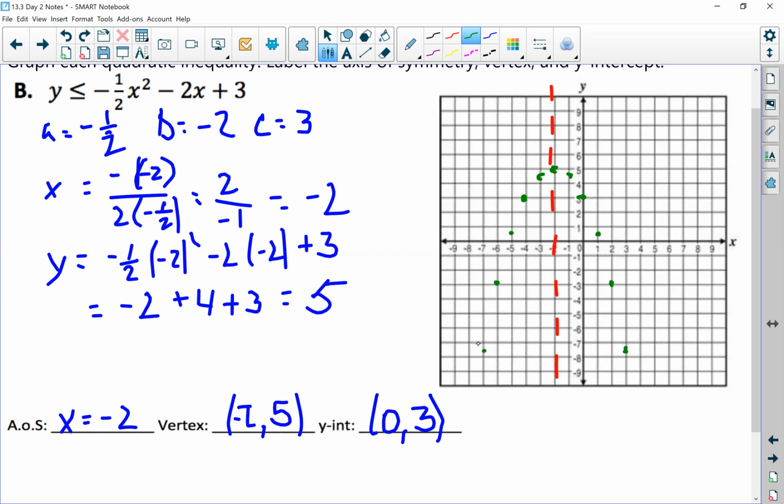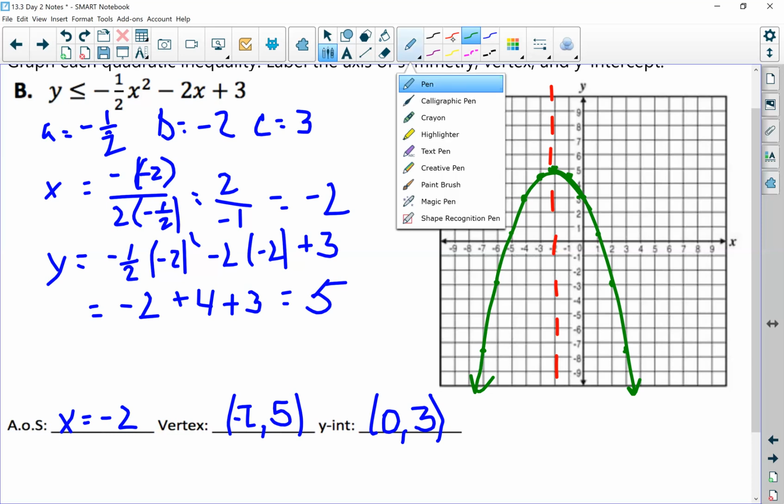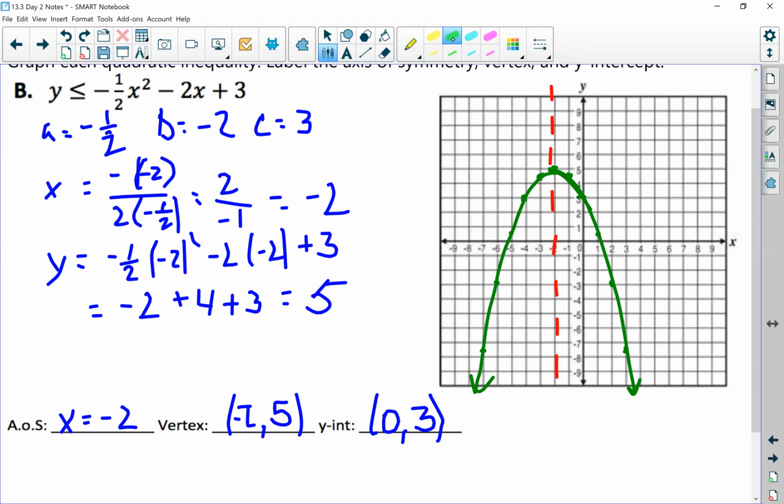All right. Is this going to be a solid line or a dashed line? Solid line. Let's see if I can draw a solid line. There we go. And shading above or below.